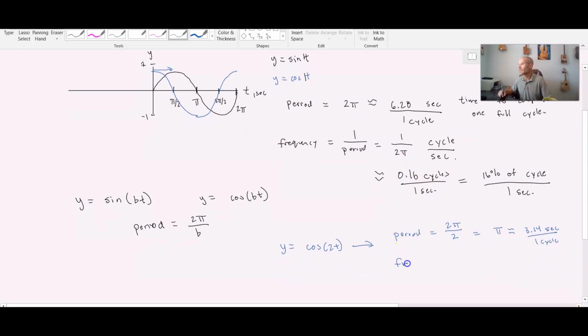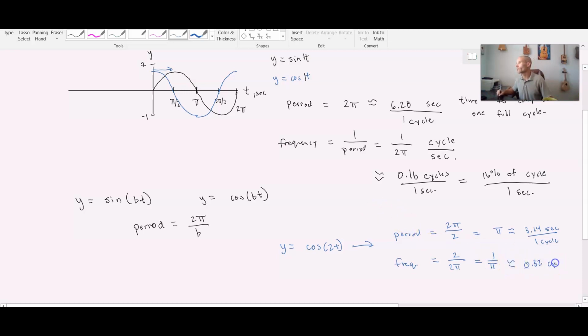Now the frequency is going to increase because, since it takes less time to complete one full cycle, that means we're more frequently completing cycles, and this is going to equal 1 over the period, which is really 2 over 2 pi, and that's going to be equal to 1 over pi, and 1 divided by pi comes out to about 0.32.